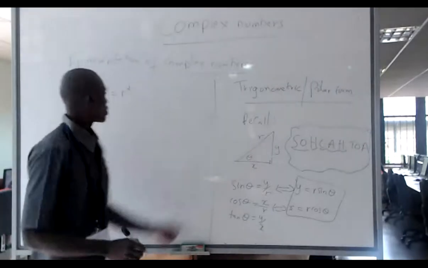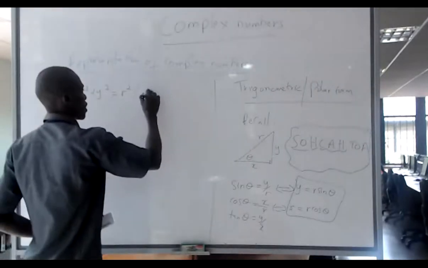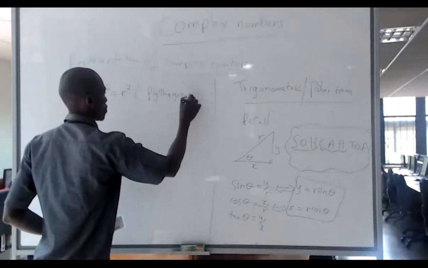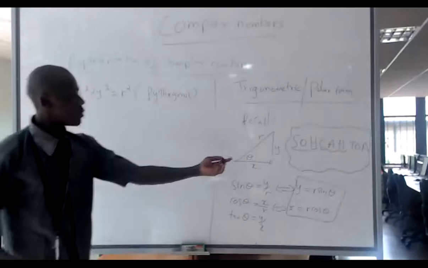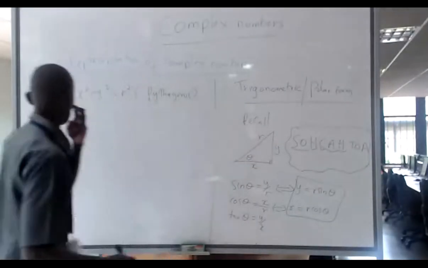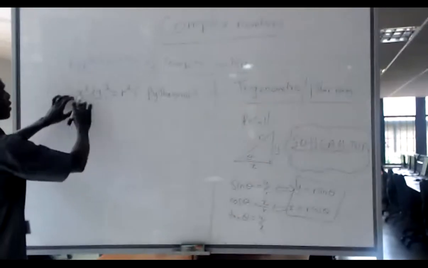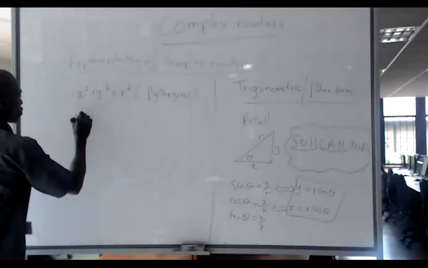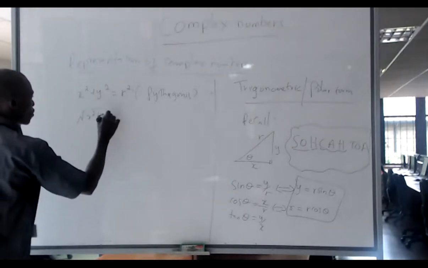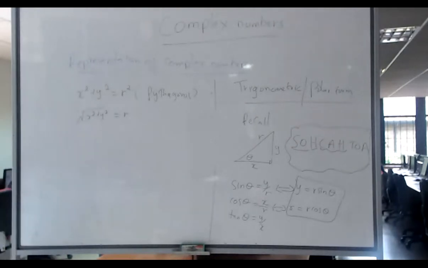Pythagoras theorem on this triangle: the square of the base plus the square of the height is the square of the hypotenuse. From this, I can find square root on both sides. So square root of x squared plus y squared is going to give you r.